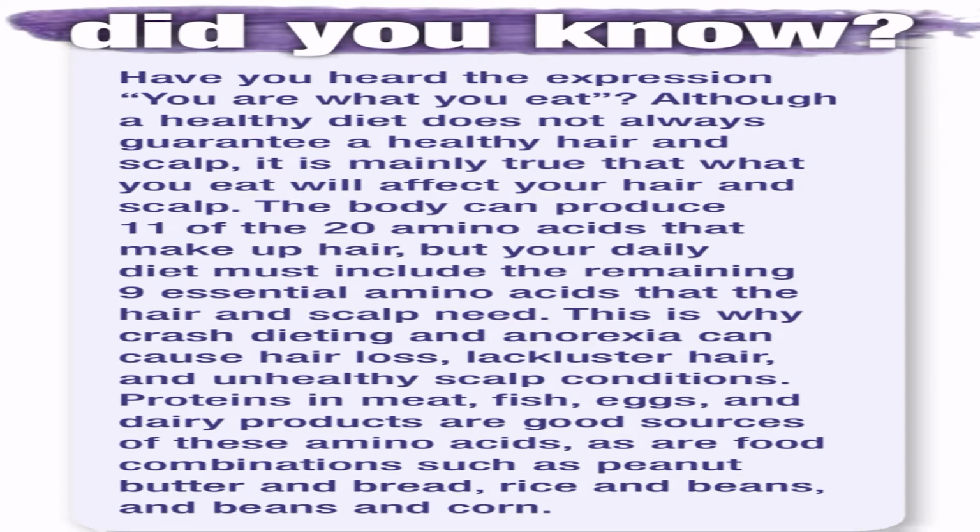This is why crash dieting and anorexia can cause hair loss, lackluster hair, and unhealthy scalp conditions. Proteins in meat, fish, eggs, and dairy products are good sources of these amino acids, as are food combinations such as peanut butter and bread, rice and beans and corn.